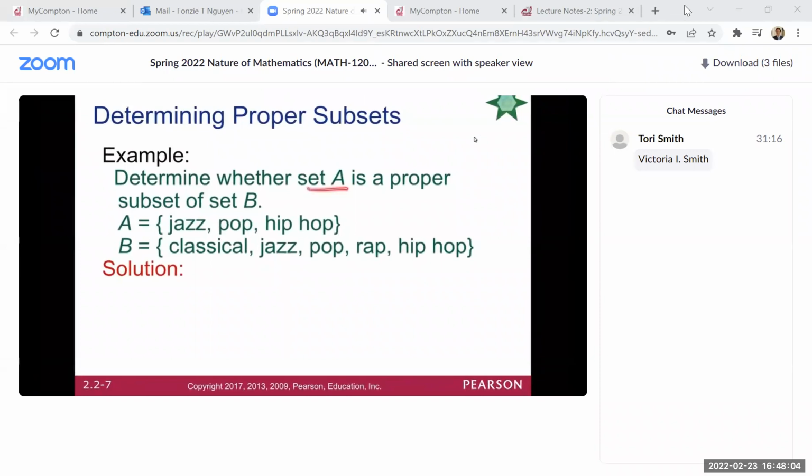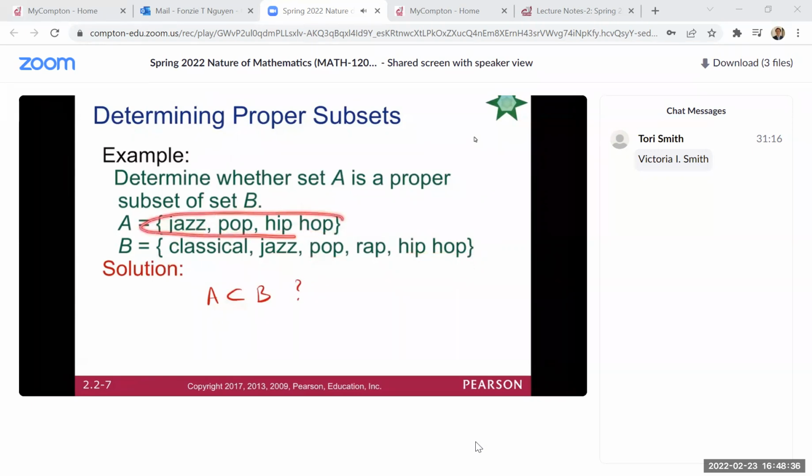Determine whether set A is a proper subset of B. So in other words, is A a proper subset of B? Just think of it as less than, but not equal to. Are all these in here? Oh, yeah, jazz, pop and hip hop, but not rap. So we've got jazz in there, pop in there, and hip hop in there.